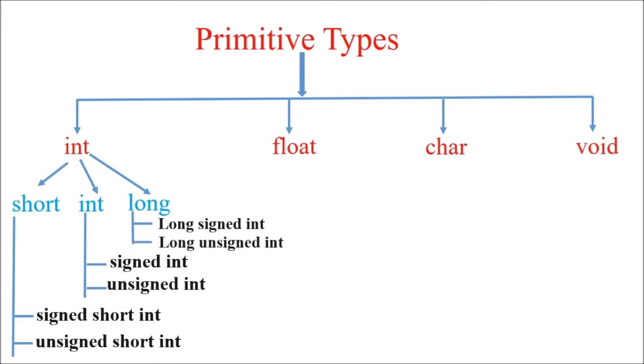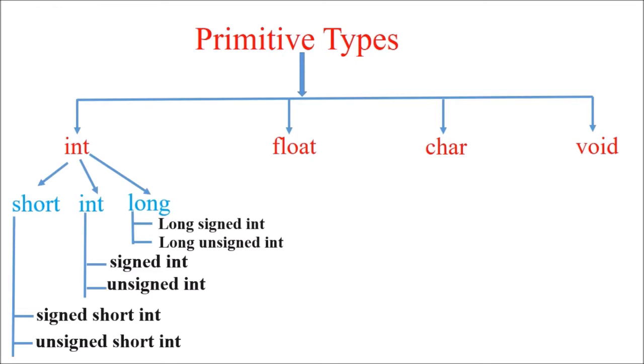The basic difference between unsigned and signed integer is, if we declare a variable with unsigned integer, then that particular variable's value must always be a positive number. For example, if we want to store a student's roll number, then we can declare a variable roll number using unsigned, because a student's roll number is always a positive integer.